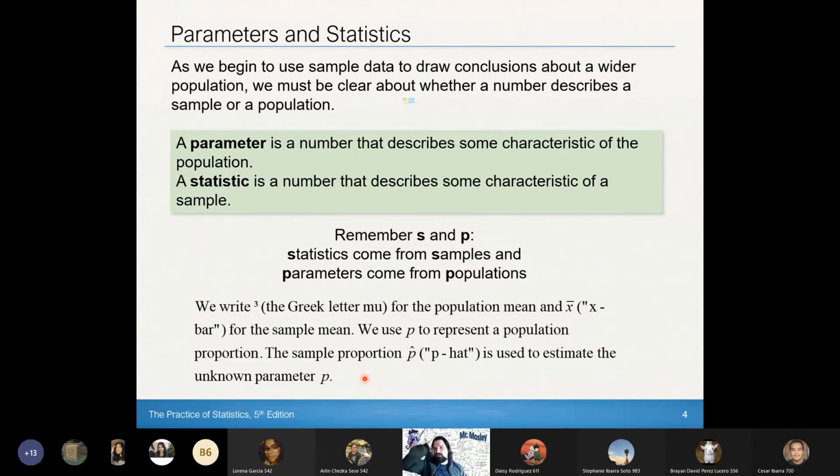You can't sample everyone. So you're using P hat, the sample proportion. Call it P hat. It's a circumflex, a little up arrow thing. It's above the 6 on your keyboard. That guy.